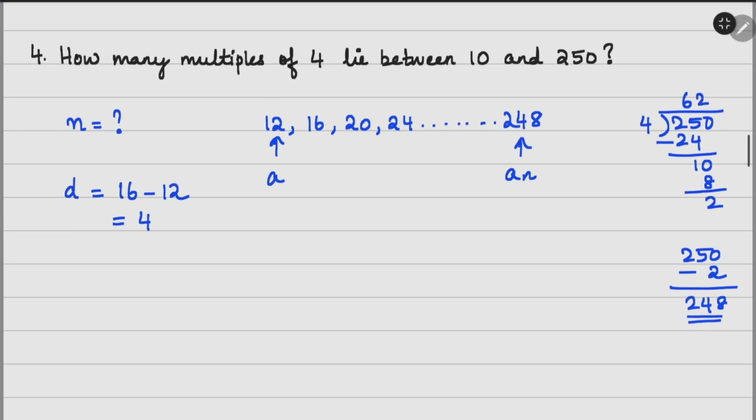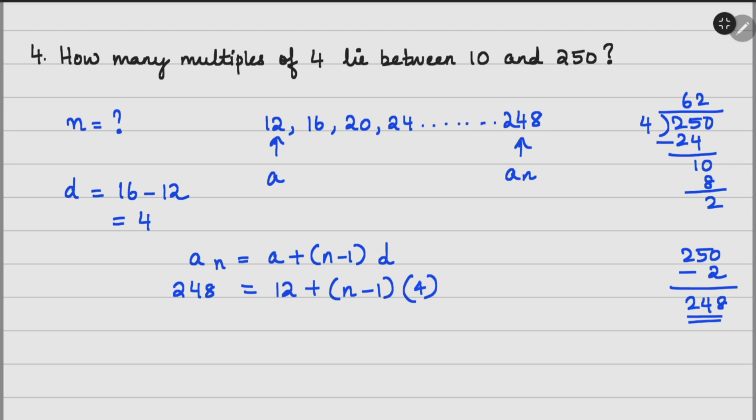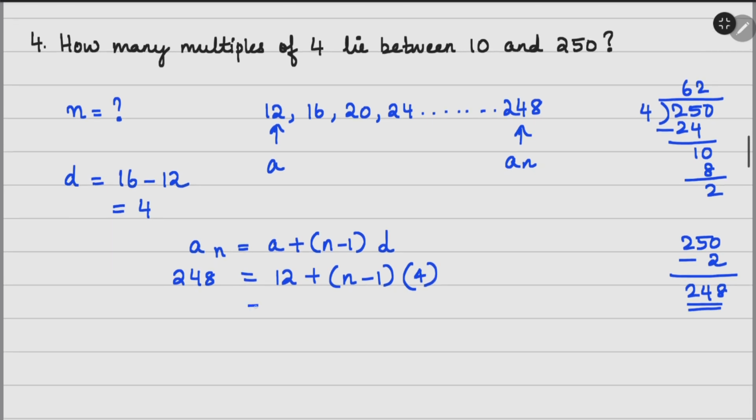Let us find out our n. So we know the formula: an is equal to A plus n minus 1 into D. What is the last term? 248 is equal to the first term, 12, plus, we don't know n, minus 1 into d, which is 4. So this is 12 plus 4n minus 4 is equal to 248. What is 12 minus 4?